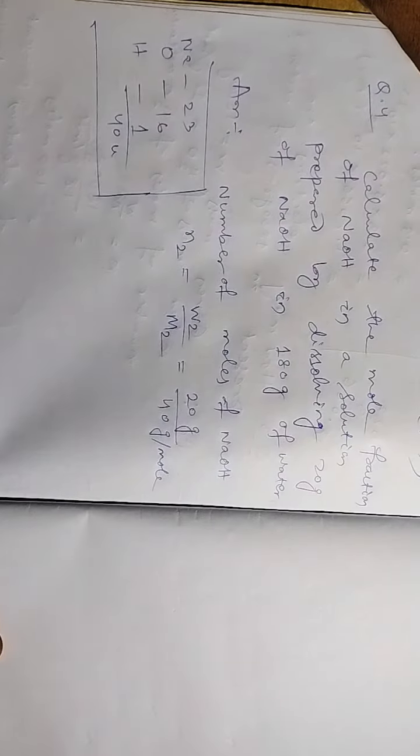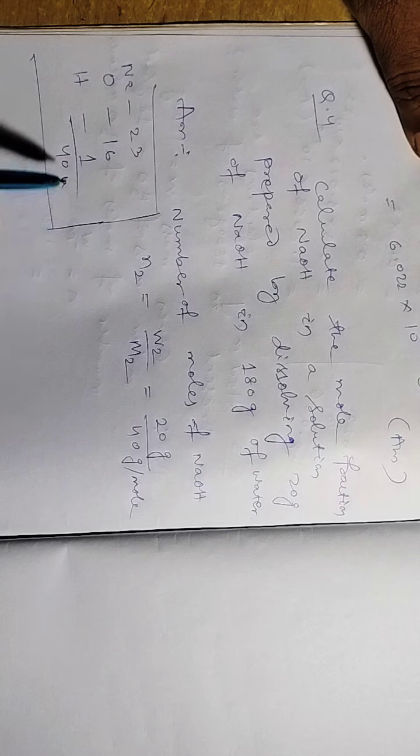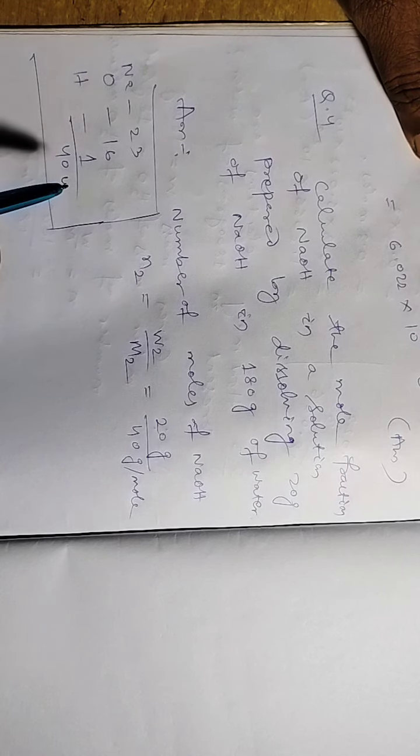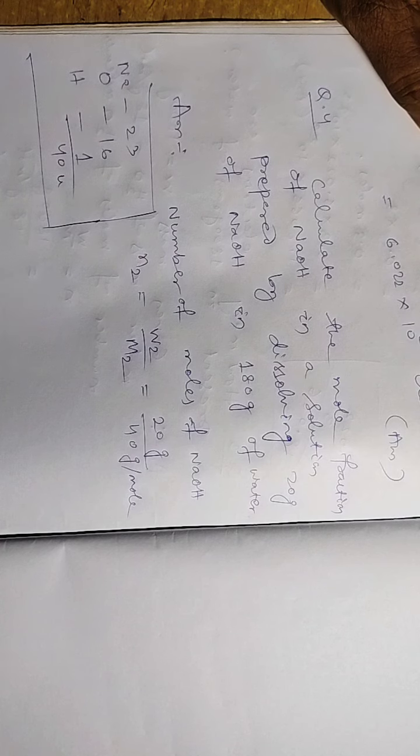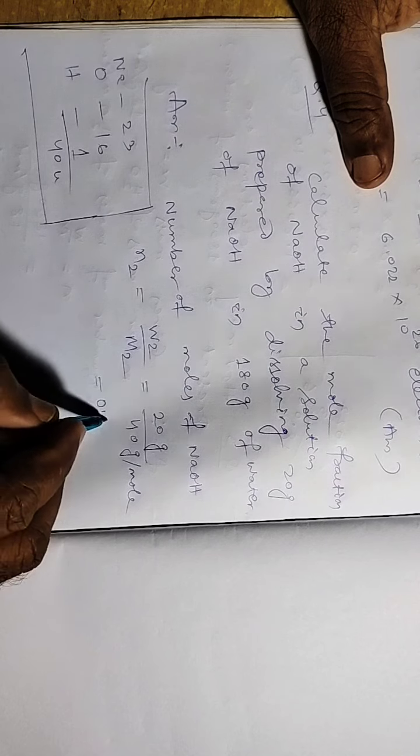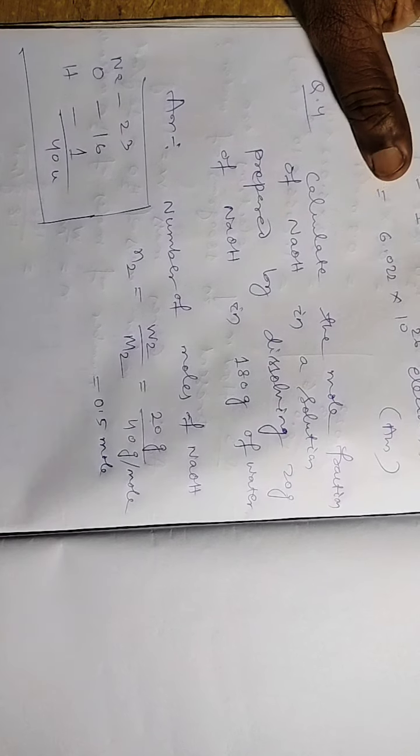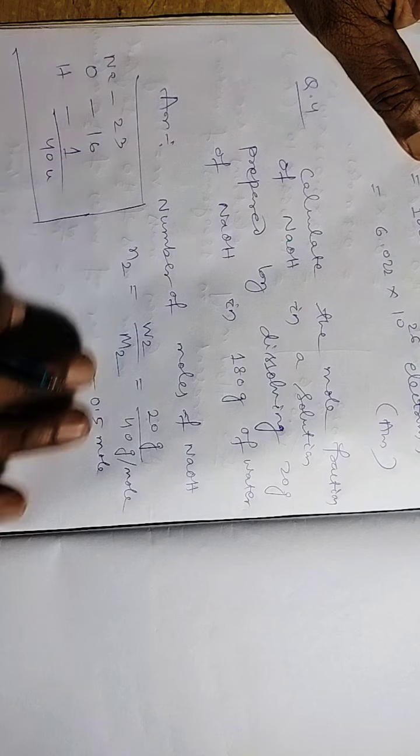Let me show you this calculation again. Sodium 23 u, oxygen 16 u, hydrogen 1 u. If you add this, that gives you 40 u or amu. This is the mass of one molecule of NaOH, but if you consider molar mass, that is 40 gram per mole. So this gives 0.5 mole. Okay, so you have calculated the number of moles of sodium hydroxide taken.